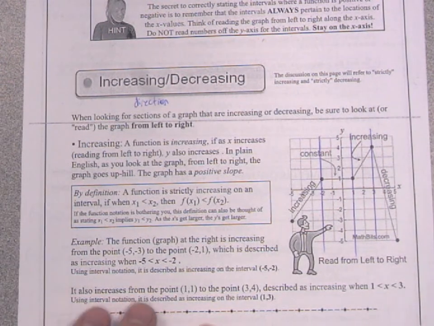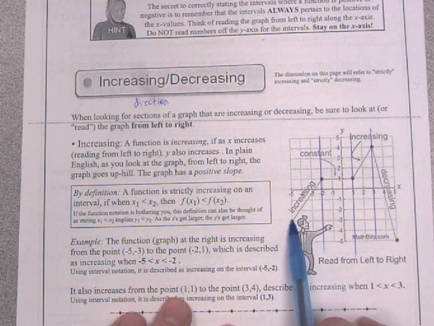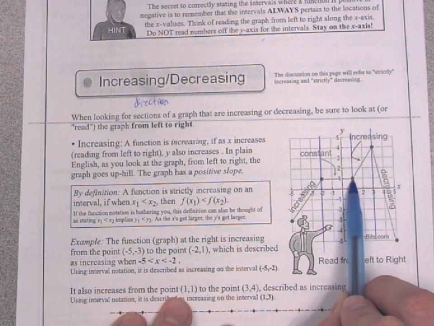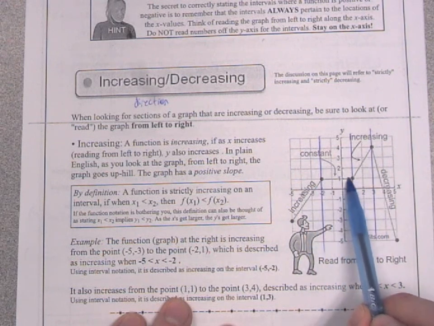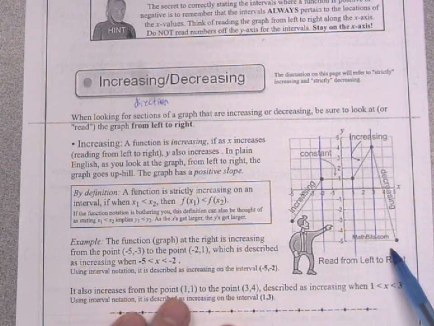You have a couple of sections. He's increasing in this section, going from left to right, so he would have to go up, then straight, then up and then down. So increasing, we call this section constant, increasing again, and then decreasing.